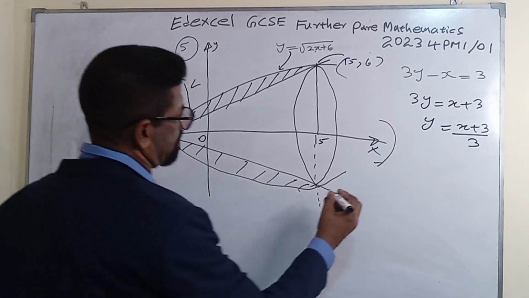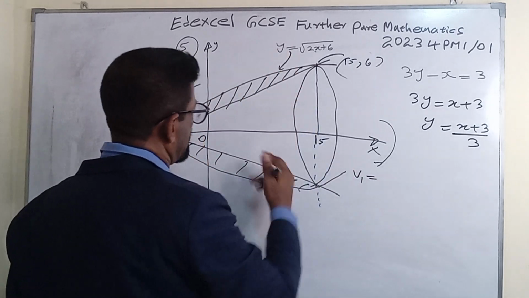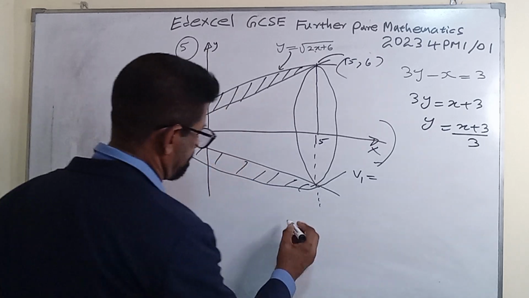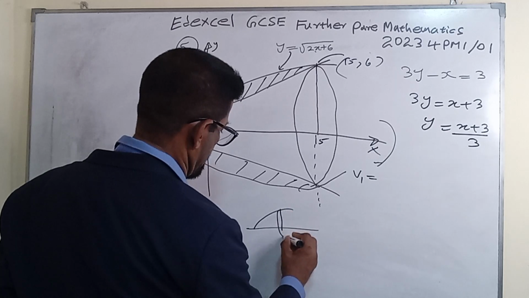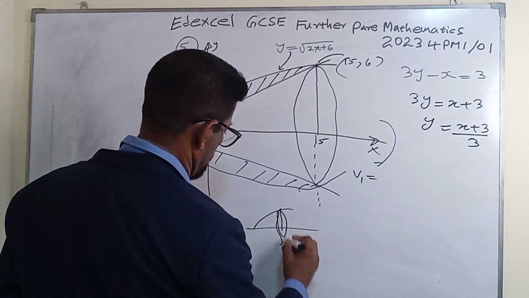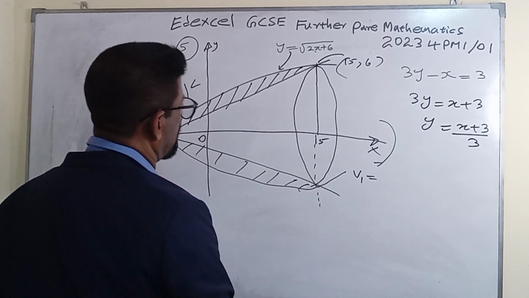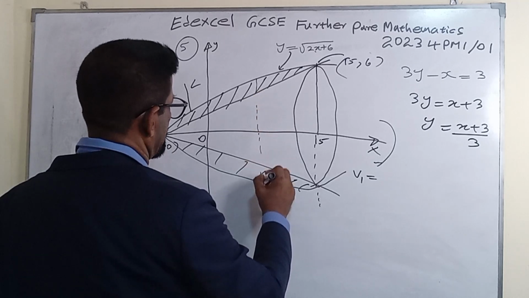How to do this? That volume, call it V1. We know actually that volume is pi y squared dx for any curve rotated about the axis.